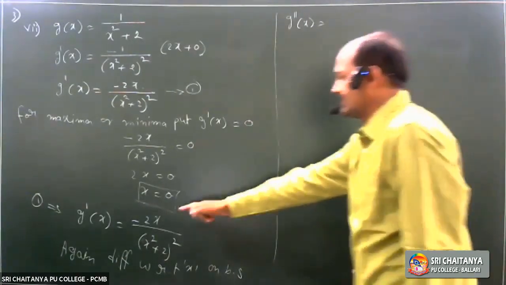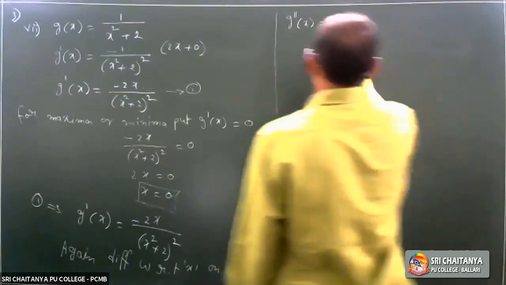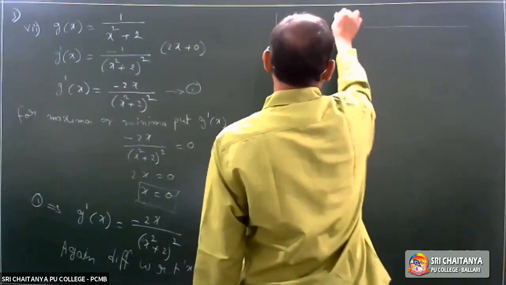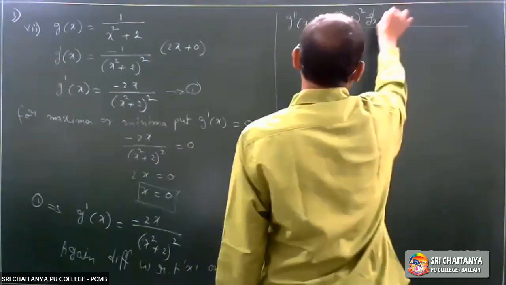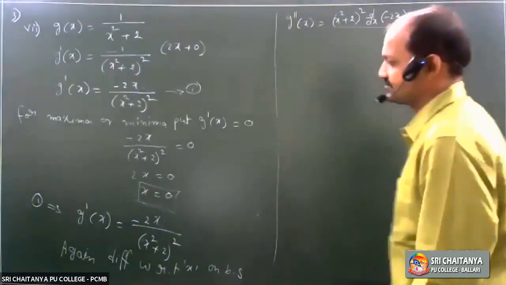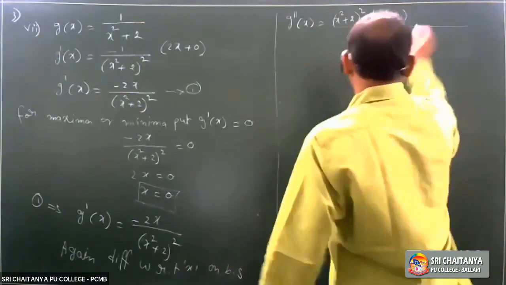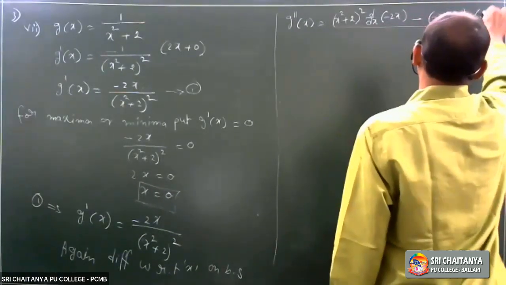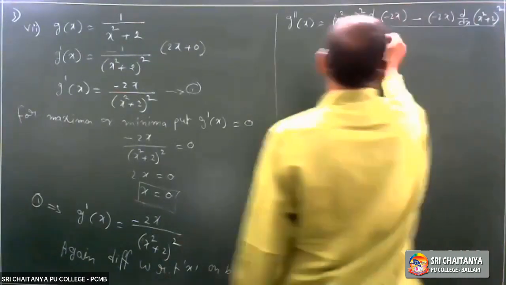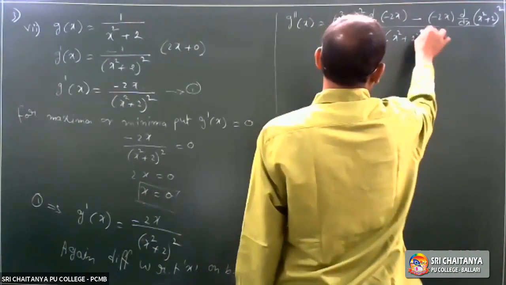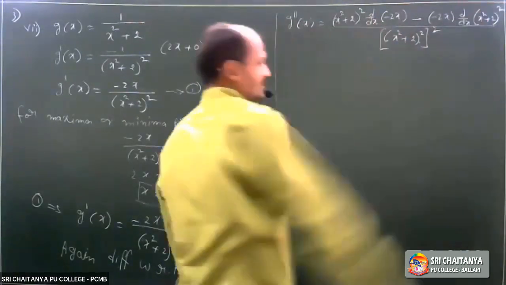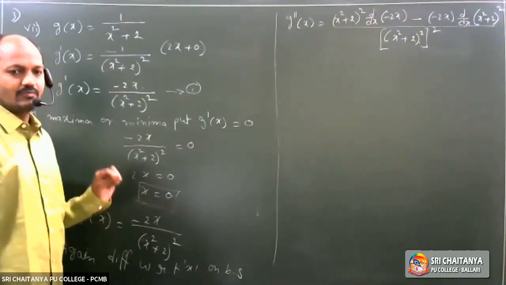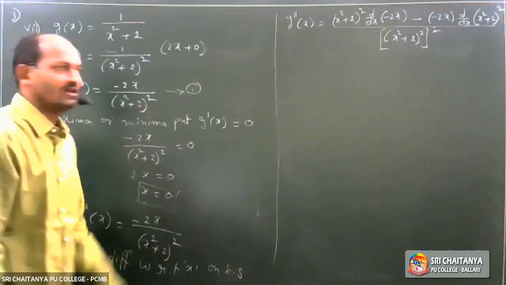So v u dash: v is (x square plus 2) whole square into derivative of minus 2x, minus u v dash: minus 2x into derivative of (x square plus 2) whole square, divided by (x square plus 2) whole square whole square.